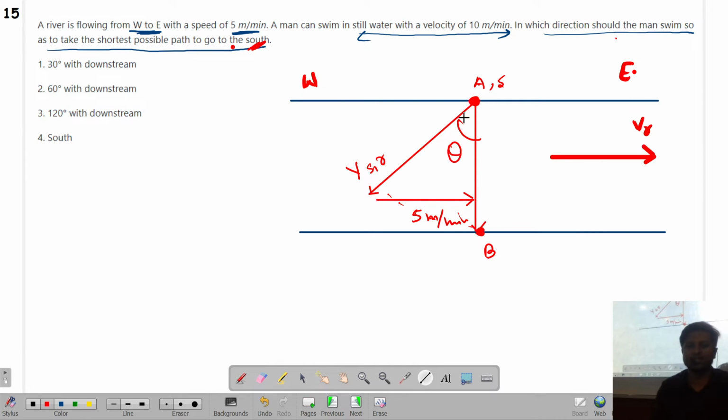If water is still, the man will travel fully perpendicularly or not? Tell me yes or no. So in the perpendicular direction, what is given? Velocity of man with respect to still water, and that is equal to how much? 10 meter per minute. Got it or not? Apply that. What we have to calculate? Angle theta. So tan theta is going to be how much?